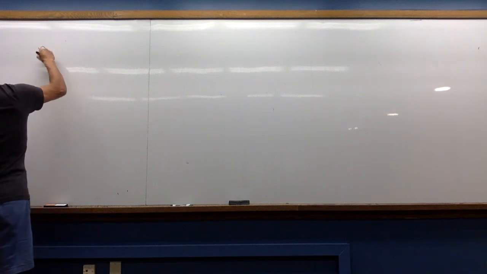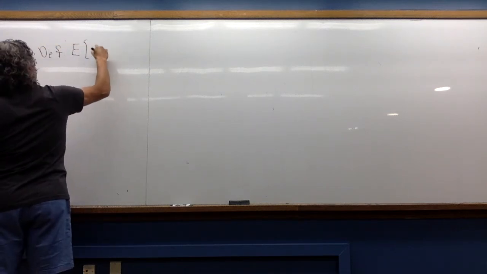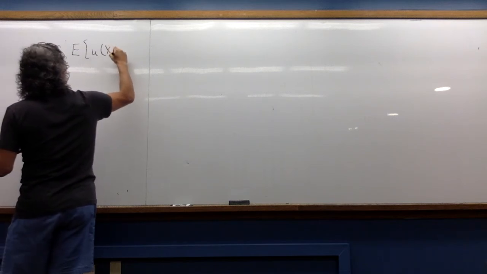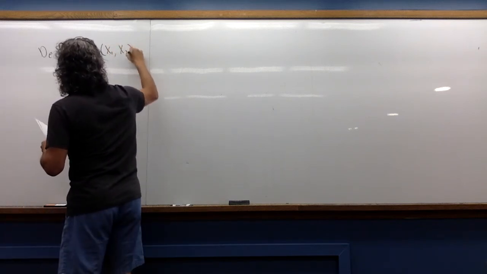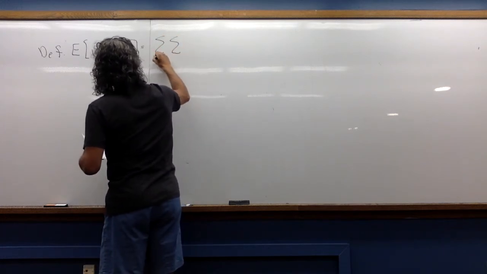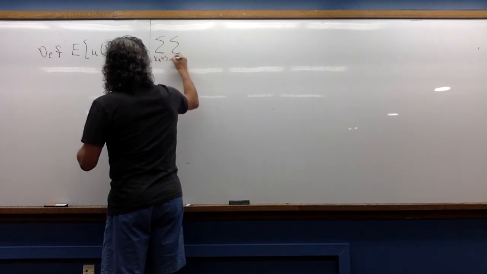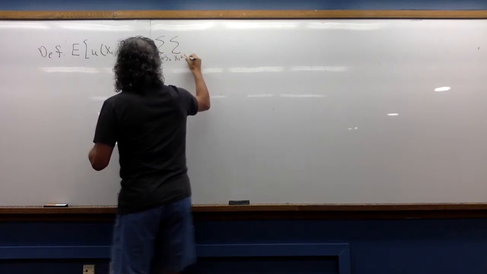All right, well, definition: the expected value of some function u of x1, x2 is now the double sum over both sample spaces.